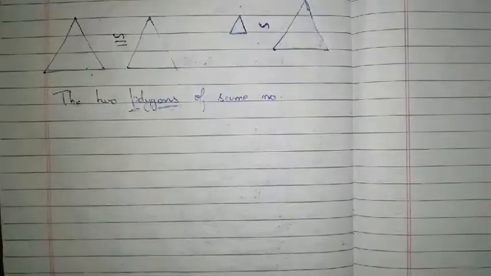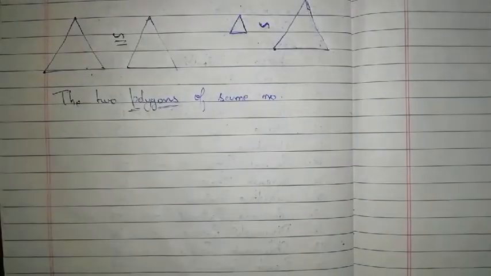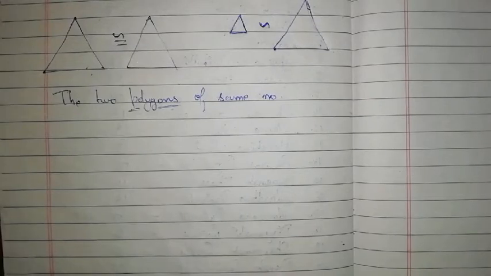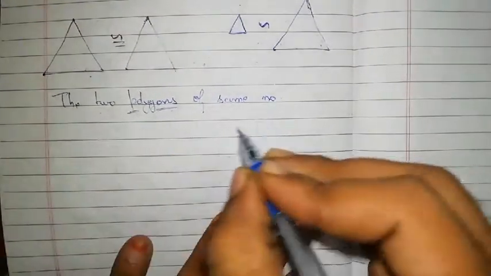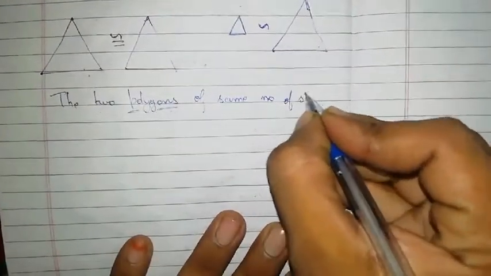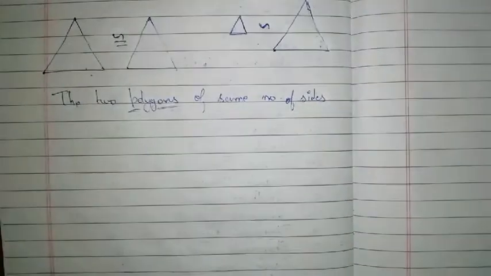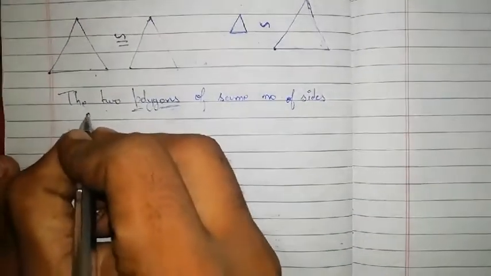It means that it has some sides, right? Maybe 3 sides for a triangle, 4 sides for a square, 5 sides for a pentagon, 6 sides for a hexagon, and so on. So we can say that two polygons of the same number of sides are similar.